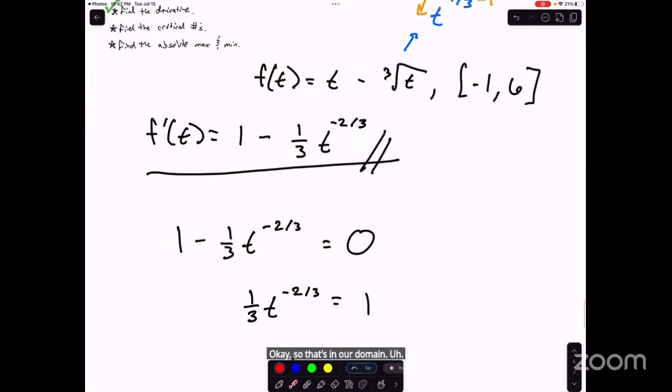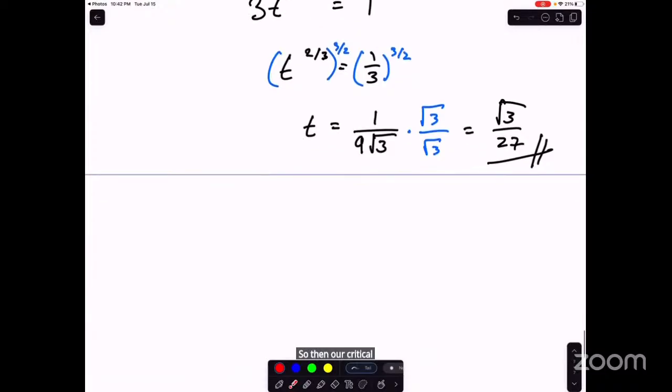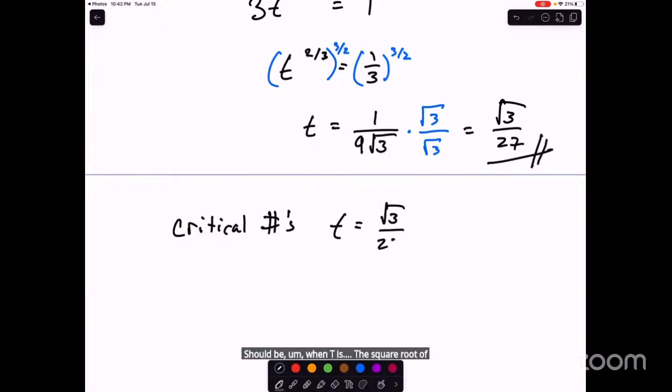We had this term with a negative power, so when t is 0, that's going to make the derivative undefined. So our critical numbers should be when t is the square root of 3 over 27, or when t is 0.